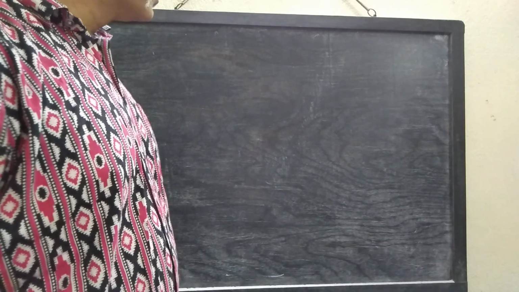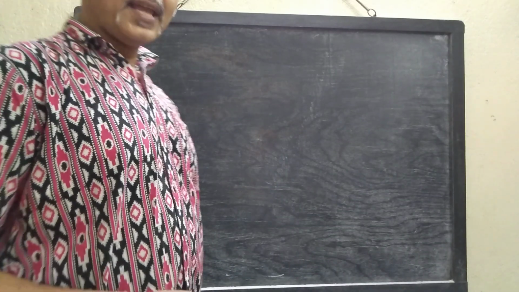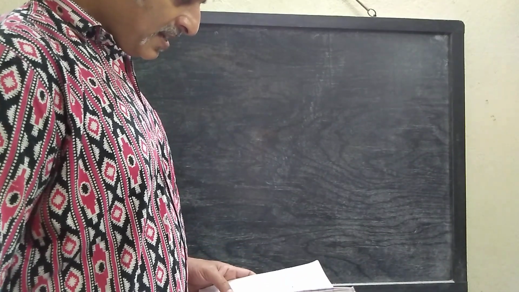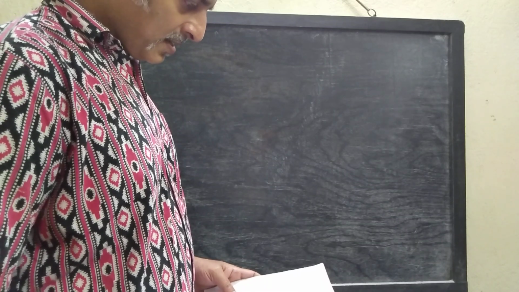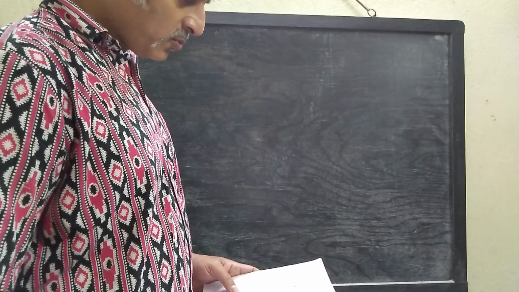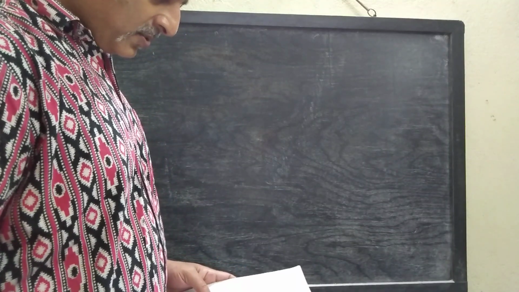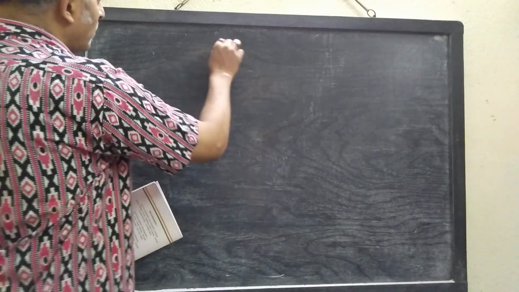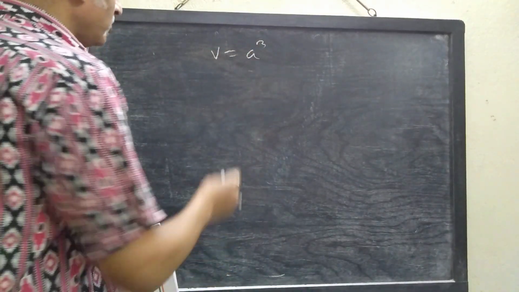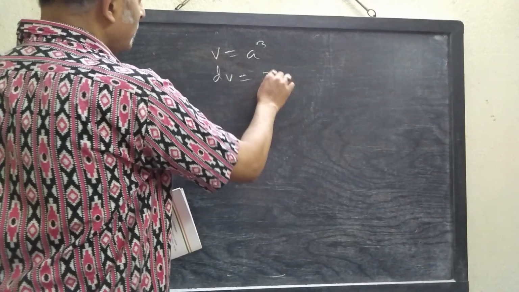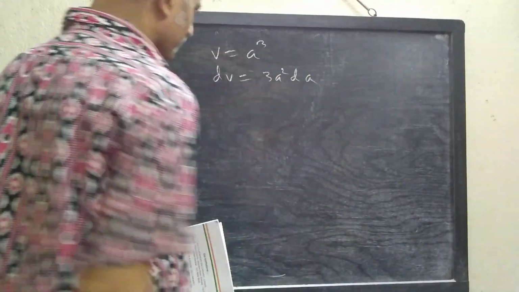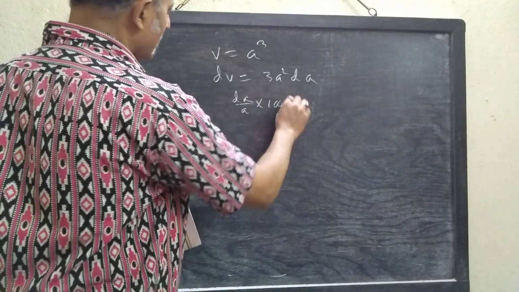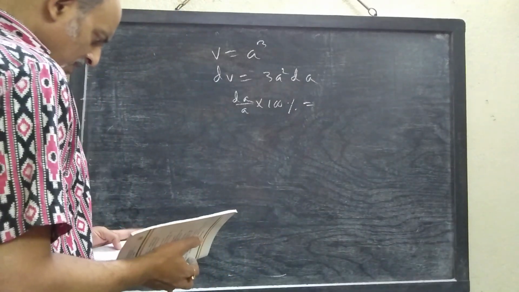That is, you are given that the length of the edge of the cube is a and there is an increase of 2% in measuring a. So you have to find the percentage change in its volume. The volume of the cube is V equals a cube, so dV will be 3a squared da. According to the question, da by a into 100% is given to you as 2%.